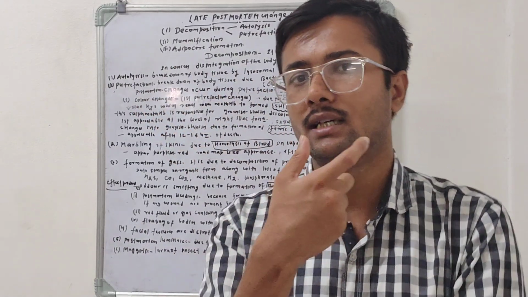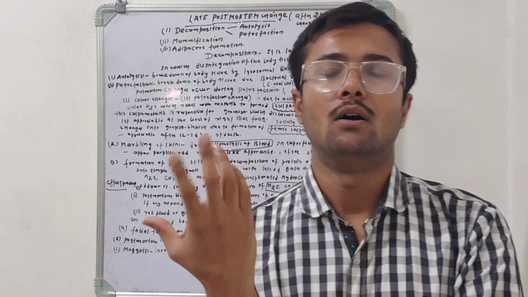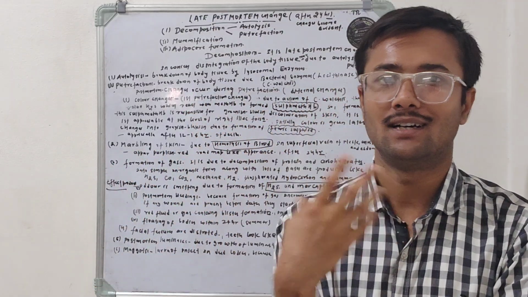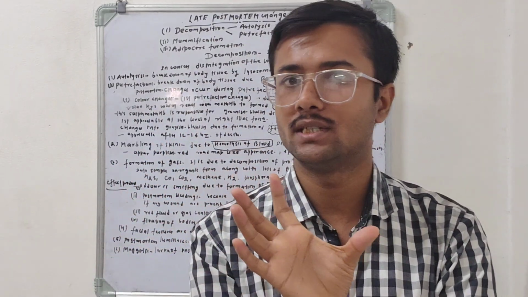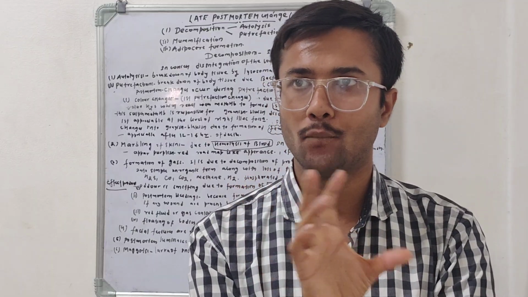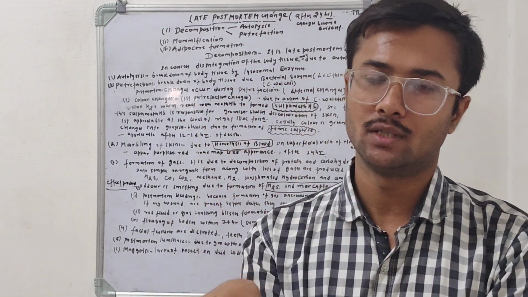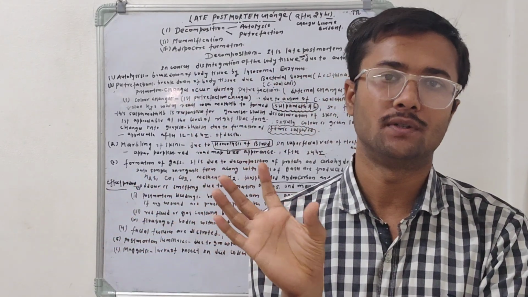In this case there is a pinkish appearance of the teeth. What are the other changes? In this condition we can't appreciate the facial features. Facial features are not well preserved. So I hope these are all the changes due to putrefaction.